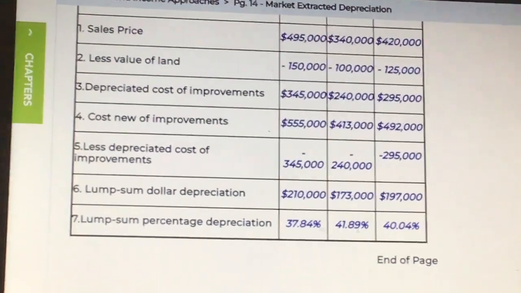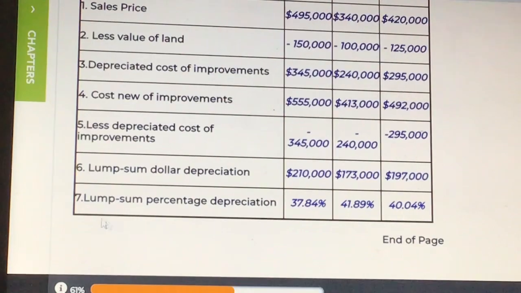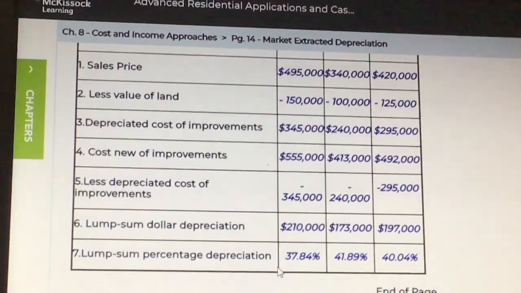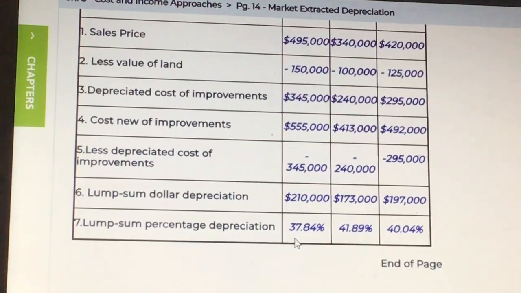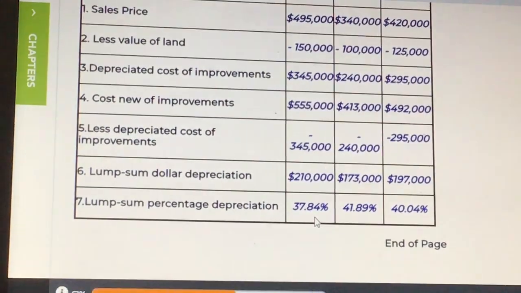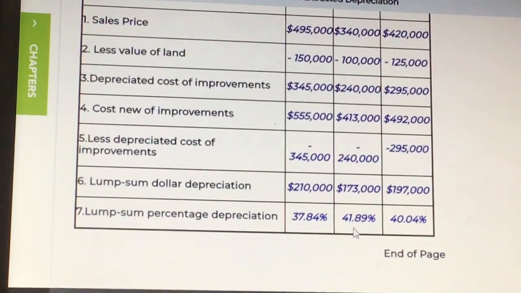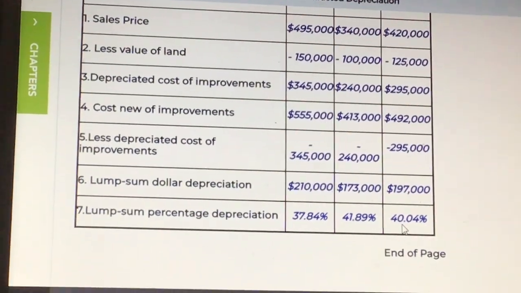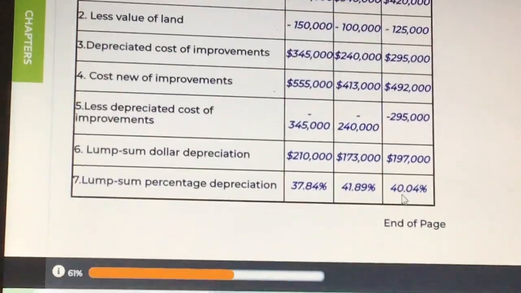And lastly, on the last row, number 7, it says lump sum percentage depreciation. For sale 1, it says 37.84%. For sale 2, it says 41.89%. And for sale 3, it says 40.04%. End of page.